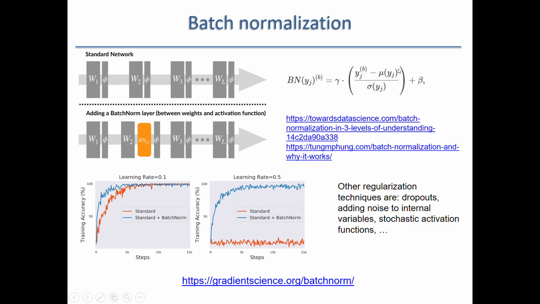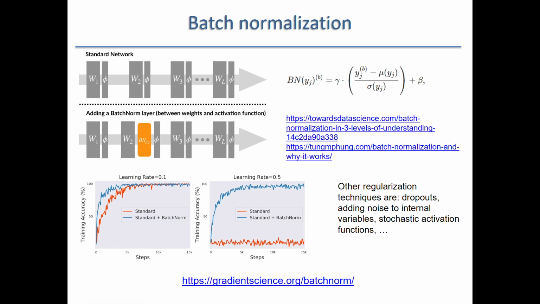So you subtract the mean of that component along the whole batch, and you divide by the standard deviation. So this tends to be centered around the mean and have a standard deviation of 1. And then there are a couple of learnable parameters, gamma and beta. These are two parameters that the network has to learn. So besides the weights, we now have to compute the derivatives with respect to gamma and beta and update them.